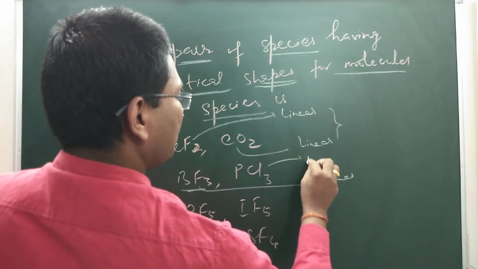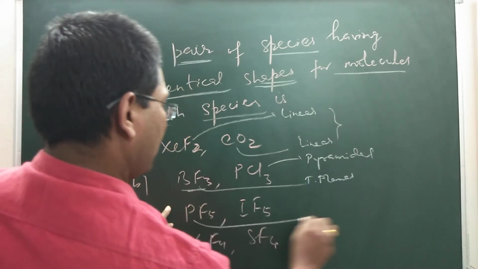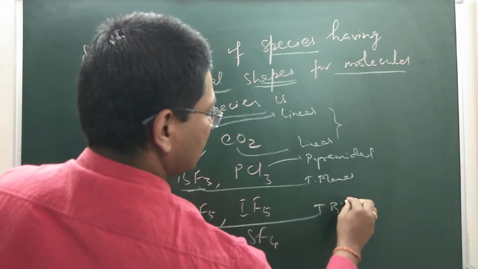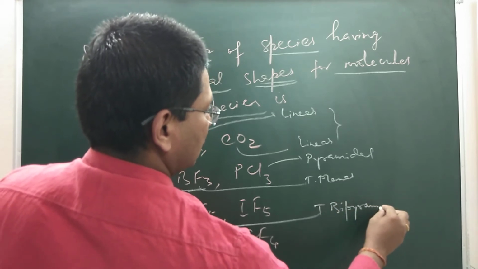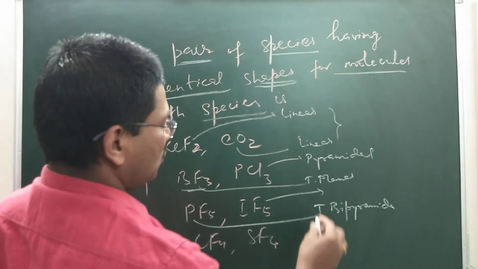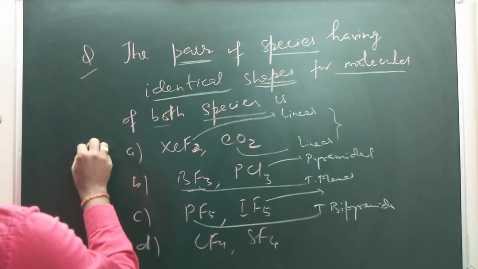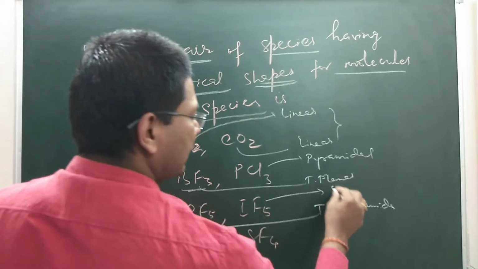PCl3 is pyramidal, PF5 is trigonal bipyramidal, and IF7 is, so square pyramidal it is.